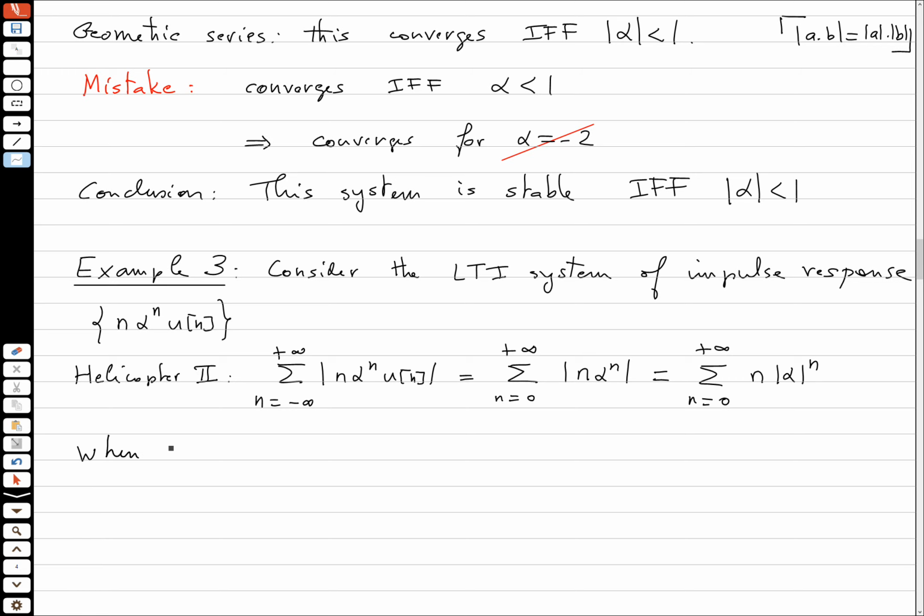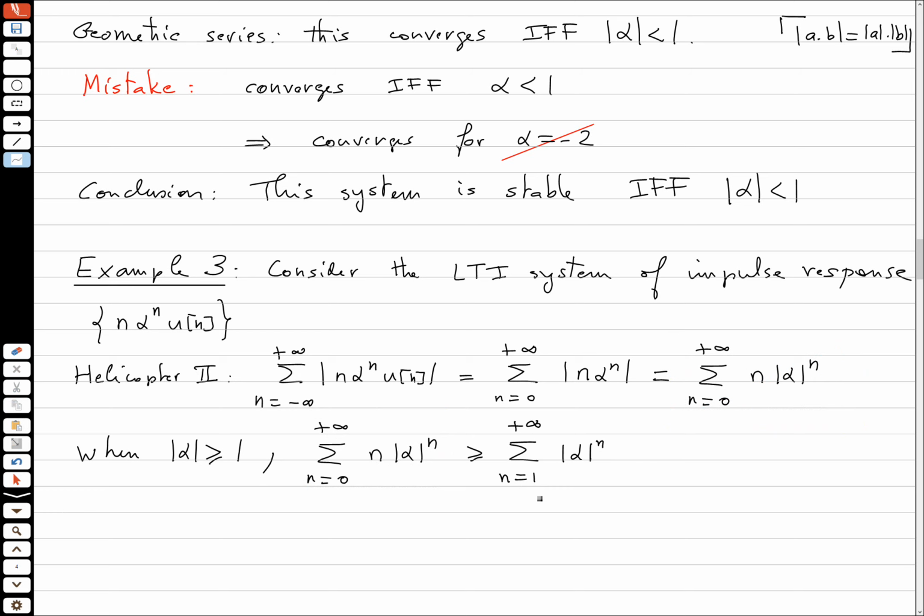Now, there's an easy case. When alpha is larger than or equal to 1, anyway, when alpha is larger than 1, this blows up even without the n. So I write that this is larger than the sum of alpha to the n going from 1 to plus infinity.